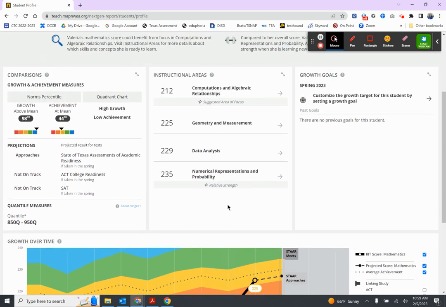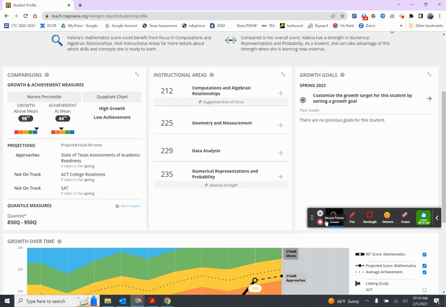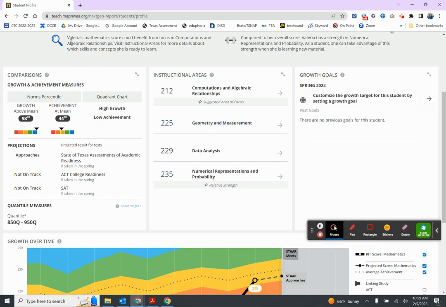Right, now, what else do we want to look at in this? Let me move that down out of our way. We see a statement. It says the math scores could benefit from a focus on computations and algebraic reasonings. Visit the instructional areas for more details about which skills and concepts she is ready to learn.